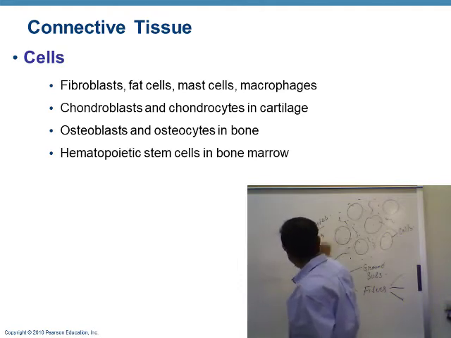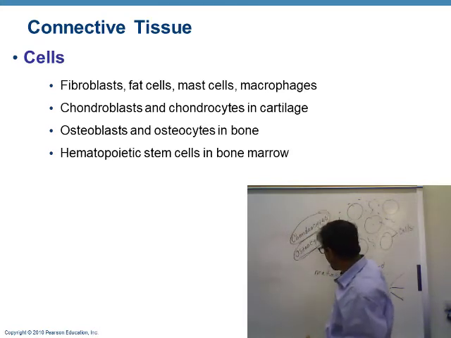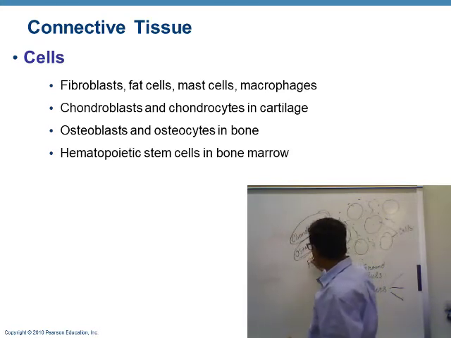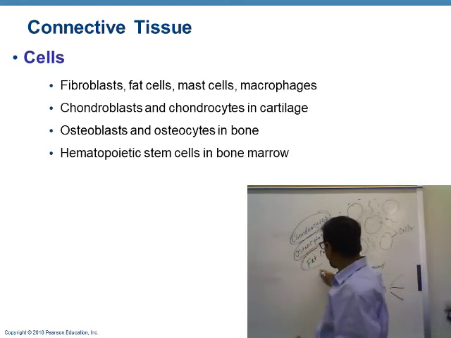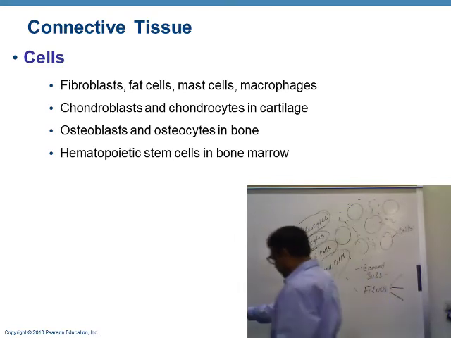So osteocytes are the cells in the bone, chondrocytes are the cells in the cartilages, fat cells, right? Because fat is a connective tissue. Blood cells, blood is a connective tissue. So all these cells are connective tissue cells, depending on what type of connective tissue it is.